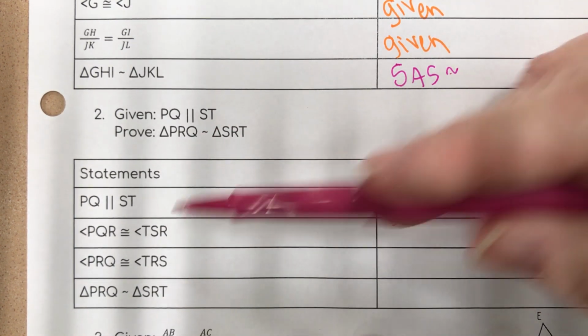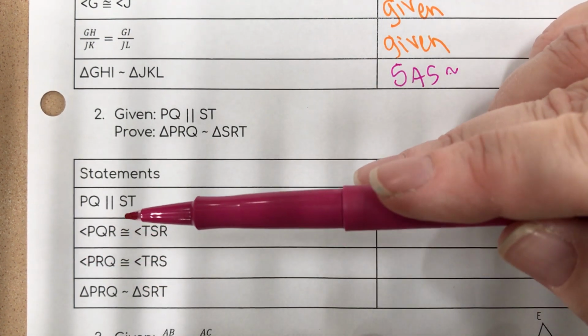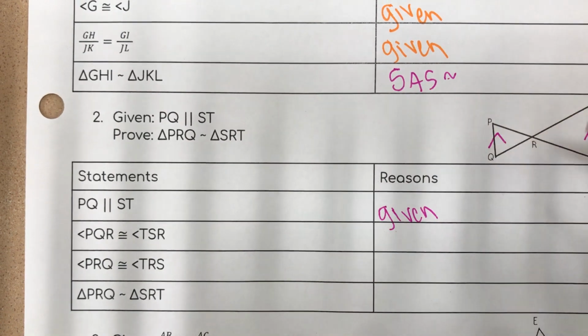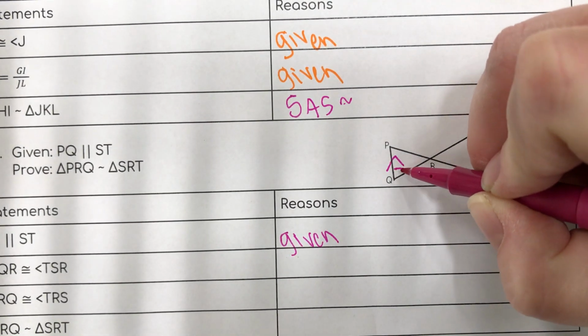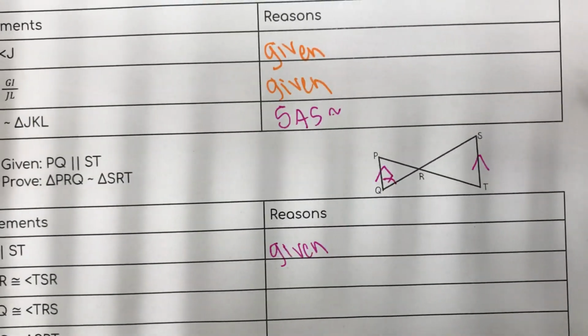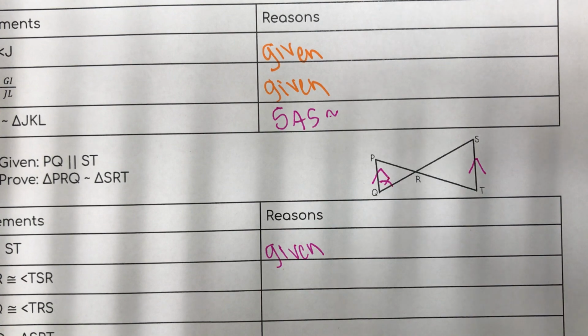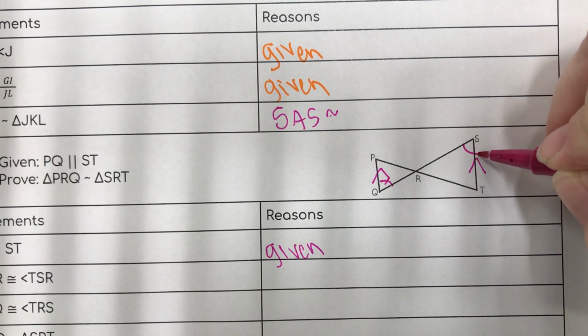All right, so that's not our only given there, but they drew the conclusion that angle PQR is congruent to angle TSR. So PQR, this angle here, is congruent to TSR. So let's see, where are we? TSR, so this one here.